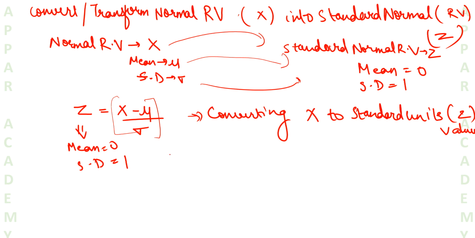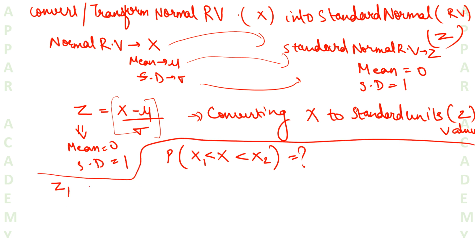Now let's suppose we are asked to calculate the probability that x lies between x1 and x2. So how will we calculate it? First of all, we will find z1, which is equal to x1 minus mu upon standard deviation. Then we will calculate z2, that is x2 minus mu upon standard deviation.